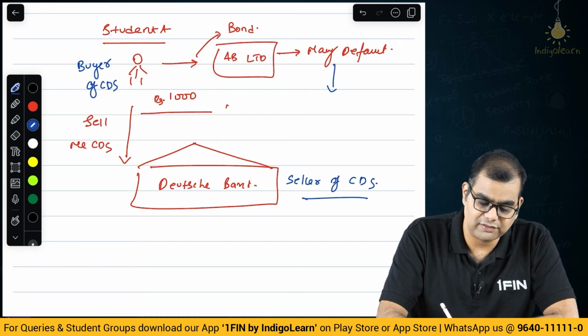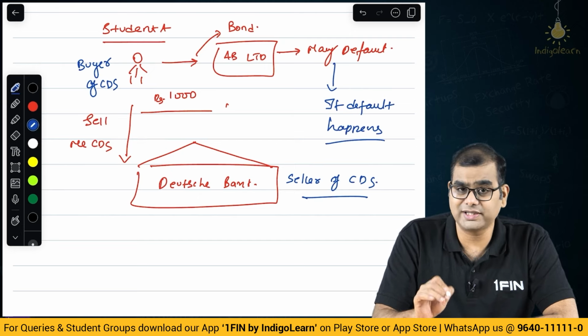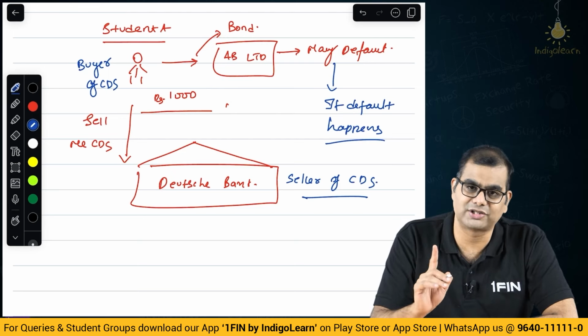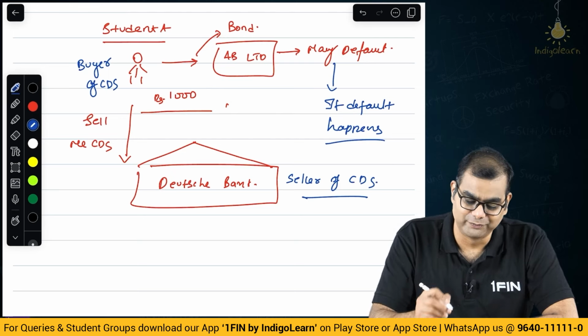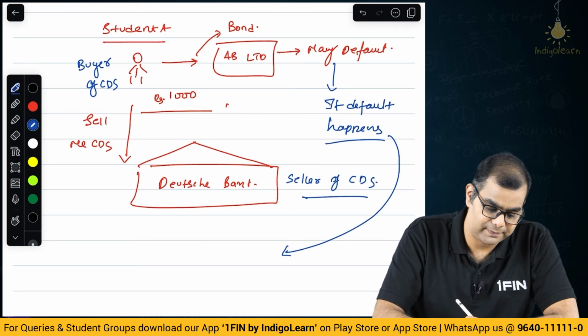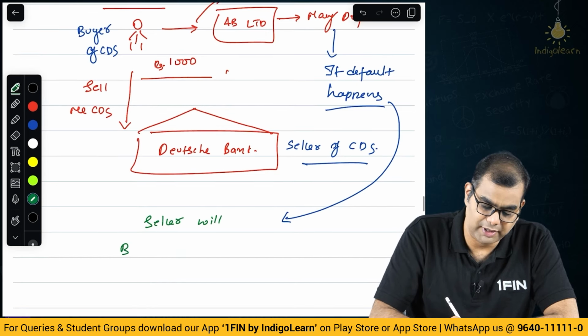If default happens, what is default is also defined. It is not that default means you don't pay. No. There is a logic to what is default. Please wait. If default happens, seller will buy bonds.